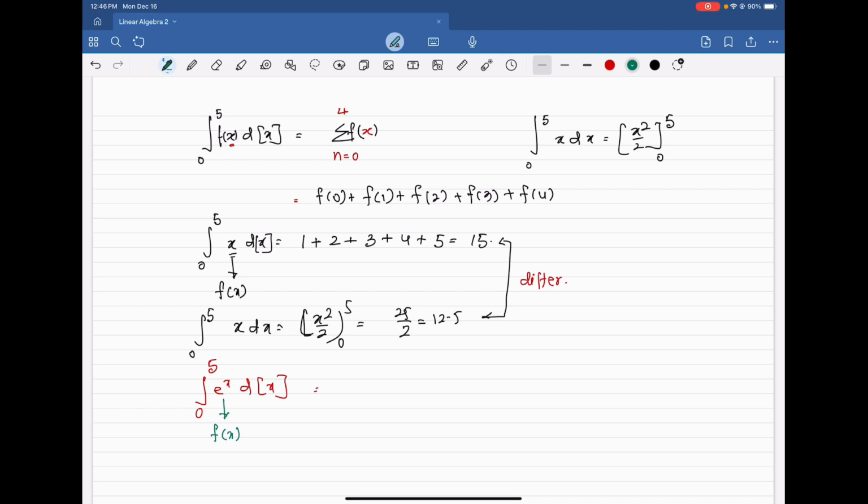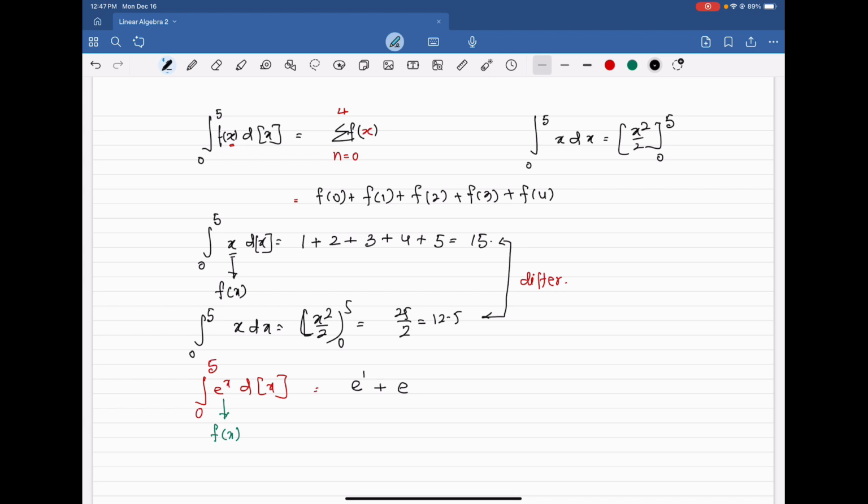For function 0, it will be e to the power of 0. But what is the value of x with respect to the smallest integer greater than 0? That means the value will be e to the power of 1, plus e to the power of x value.